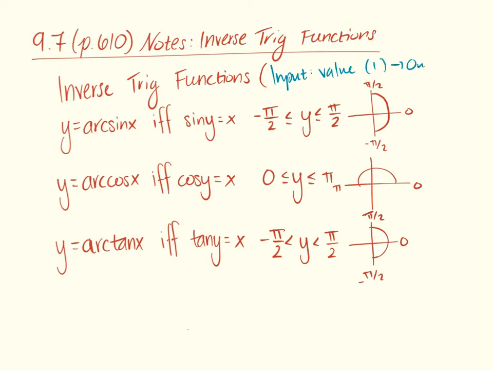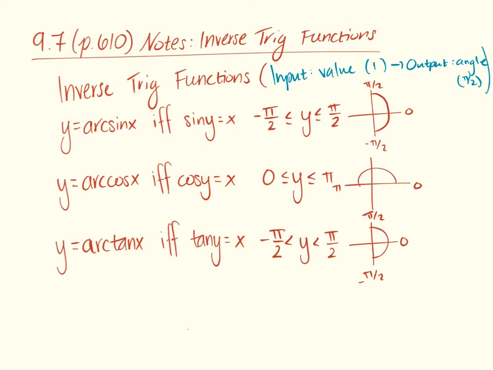And their output is an angle, i.e. pi over 2, okay? So whereas normally, up until now with our trig functions, we've been giving it an angle and then getting a number out, we're going to get a number and give an angle back, okay?